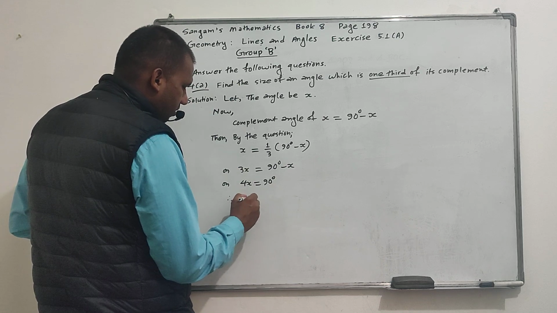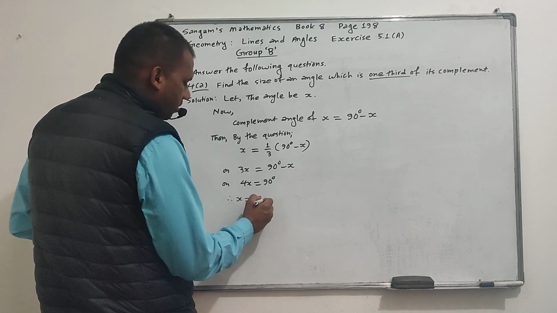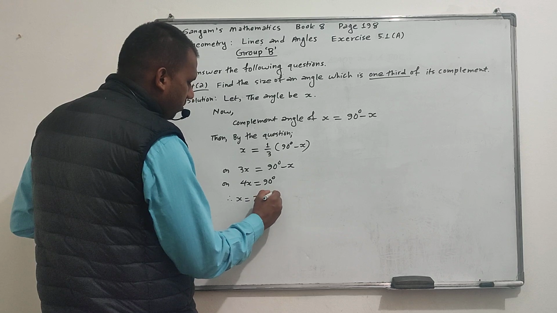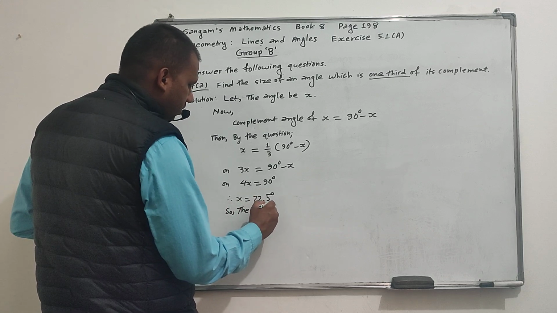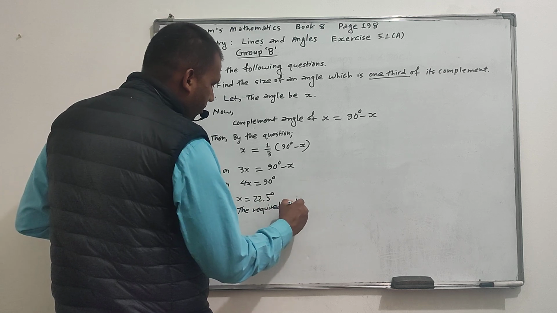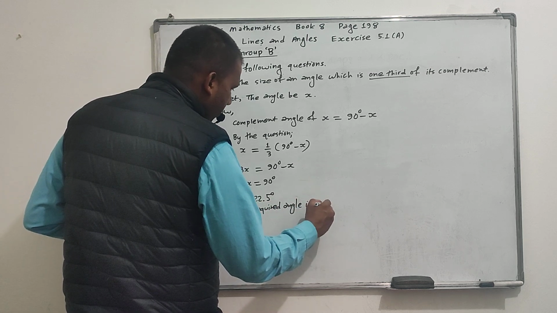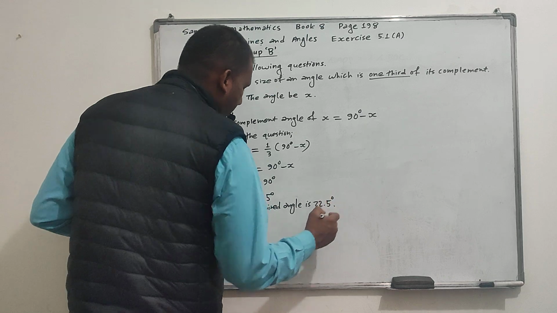Therefore x equal to 90 divided by 4, 22.5 degrees. So the required angle is 22.5 degrees.